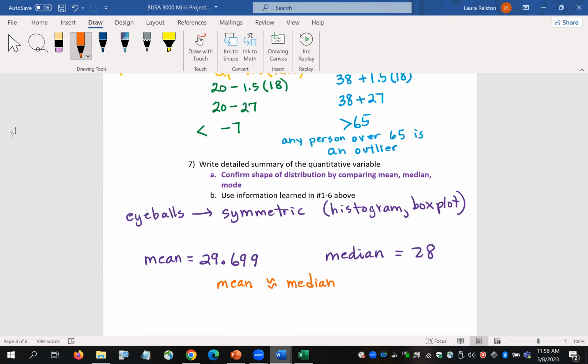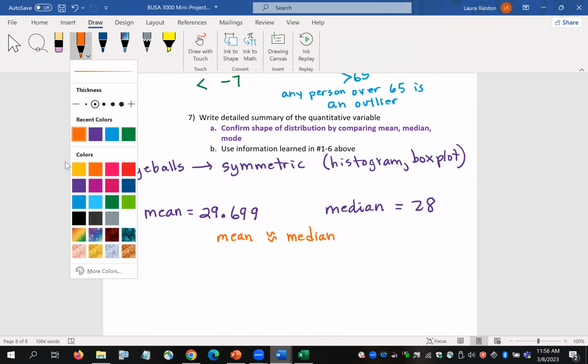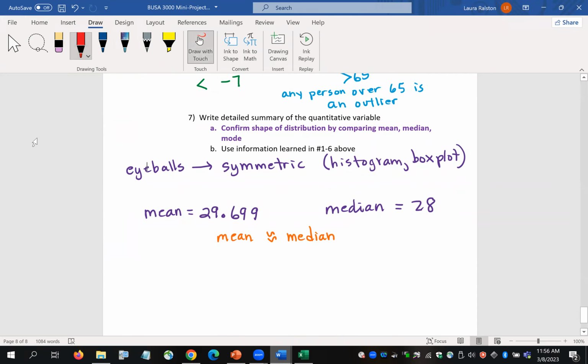So if I literally compare these two numbers, the mean of 29.699 is greater than the median of 28.